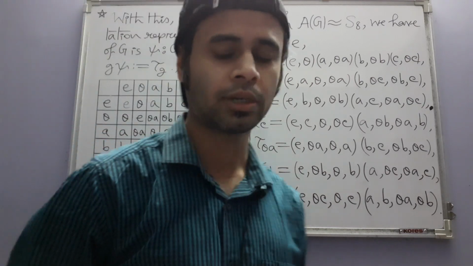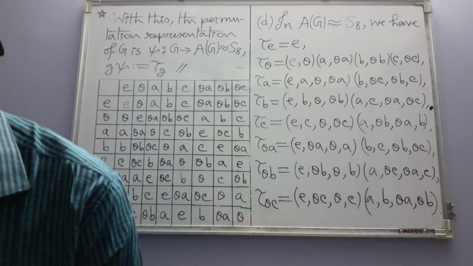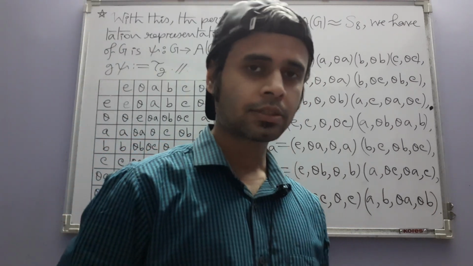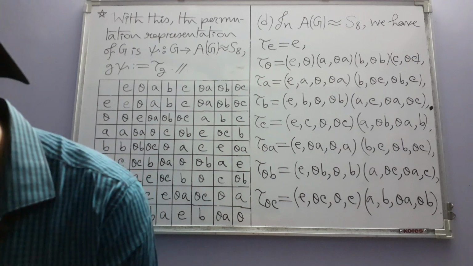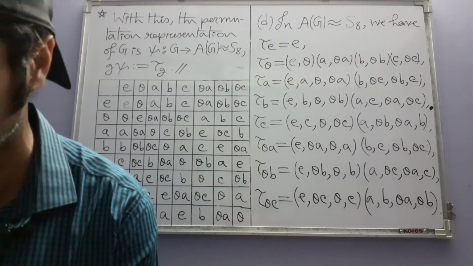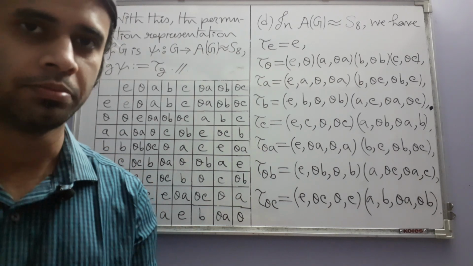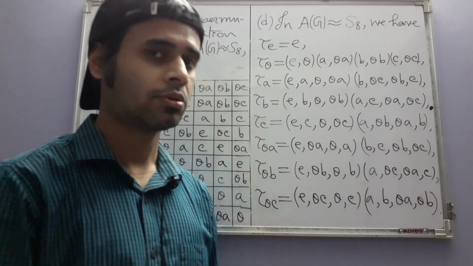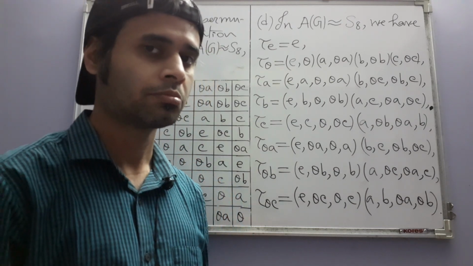There is one more exercise after this, which of course we are not going to do tonight, which asks us to find the permutation representation of a dihedral group. Now there the task becomes even more challenging computationally.